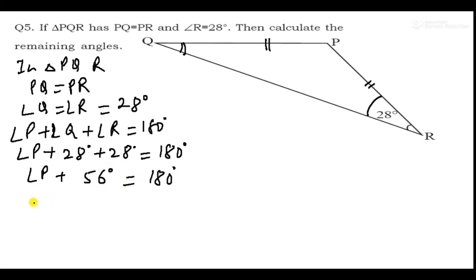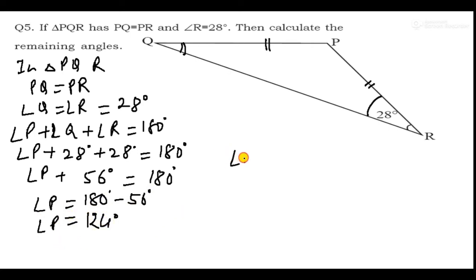So angle P is equal to 180 degrees minus 56 degrees, which is 124 degrees.